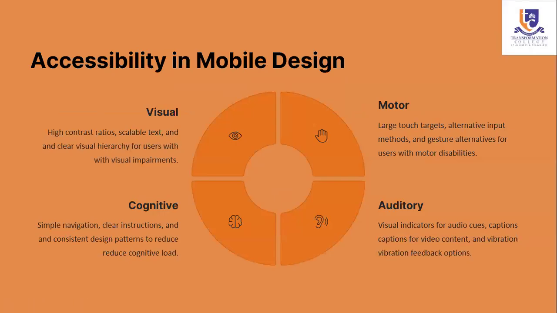Okay, accessibility in mobile design. Visual: high contrast ratio, scalable text, and clear visual hierarchy for users with visual impairment. Yes, for this, there are some apps that make provision, not all apps do, for color blindness. For people that have color blindness, there are settings that will change the overall theme of that app to favor them, but it will only be for them.